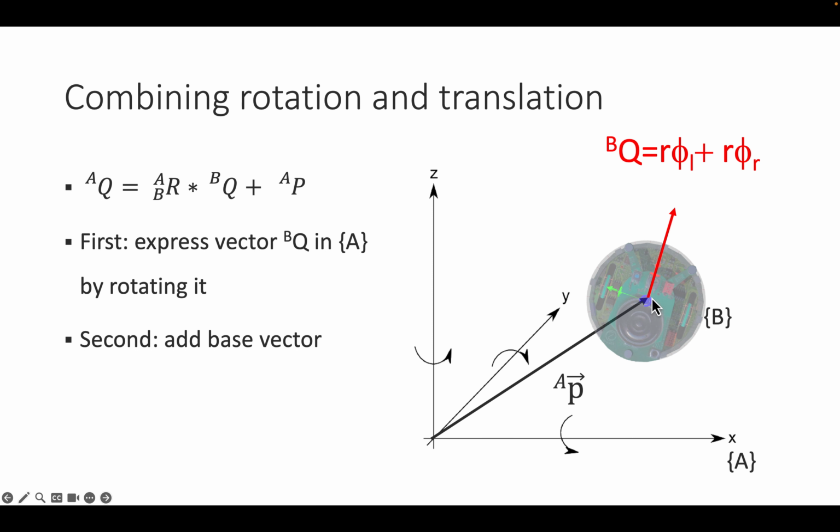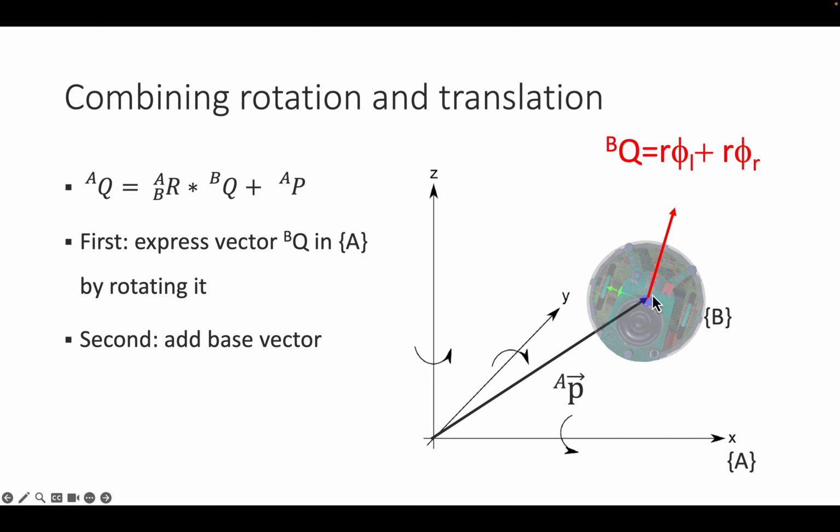So this has been delta x before. I'm now using Q here in order to match this standard notation. And what I have to do is first rotate it and express it in the coordinate system A. So this is the coordinate system B, the robot coordinate system, but I want to know what happens in the coordinate system A. So the question is, what does this vector mean in the world coordinate system?